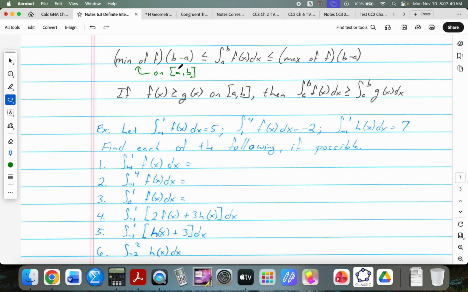Well, the integral's got to be at least that much, right? Could be more. Depends on what the function is. And likewise, if we take the maximum of f on the interval from a to b, multiply it times b minus a, the integral will be less than or equal to that amount.